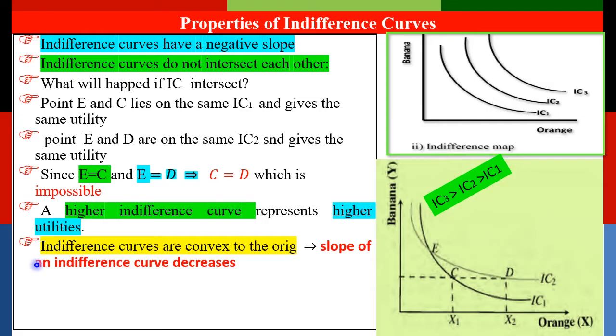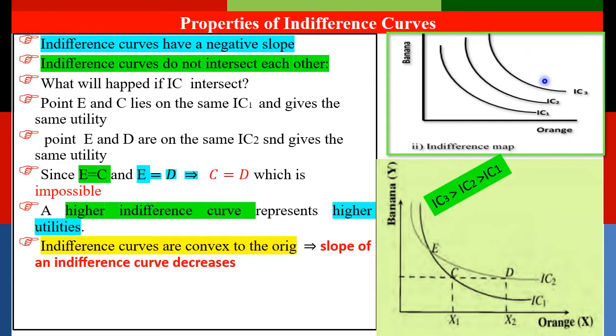The last property is that indifference curves are convex to the origin. Yes, it is convex here. It is convex, not concave. Take this one. Concave means curving downward, just like this one. But convex means it looks like a U shape.